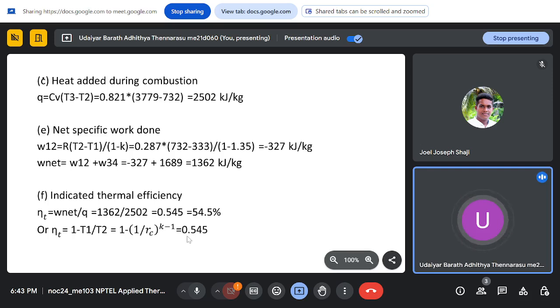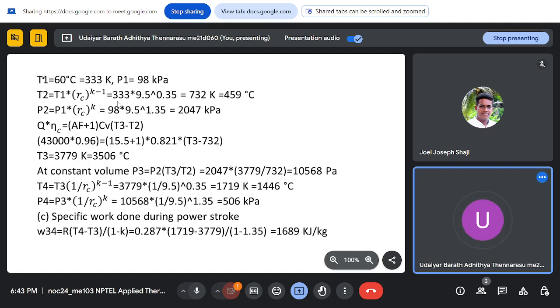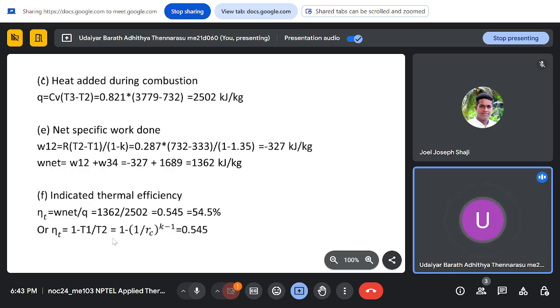In terms of temperature, T2 by T1 is Rc raised to power gamma minus 1, so we can substitute 1 by Rc raised to power gamma minus 1 as T1 by T2. So that also can be done. This comes out to be 0.545 again. So either way, you will get the same efficiency for the Otto cycle, 54.5%.